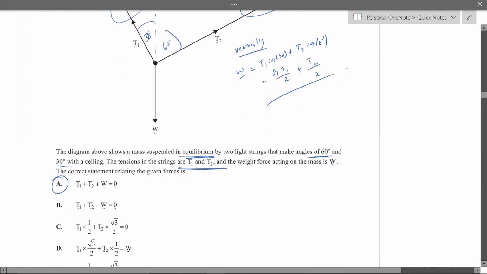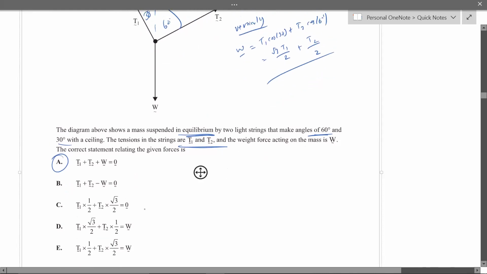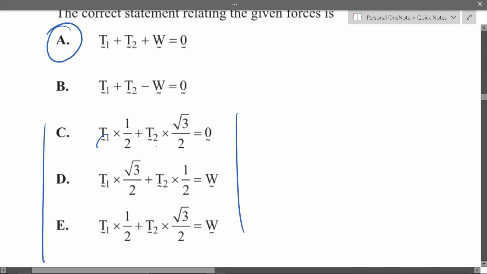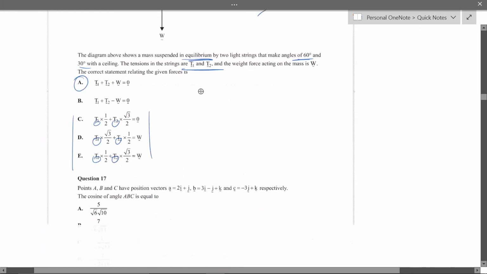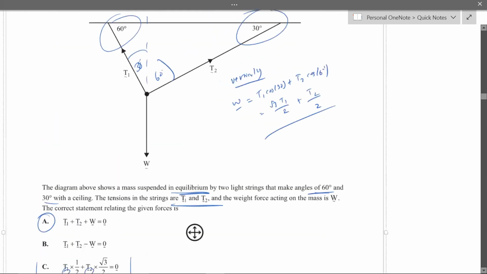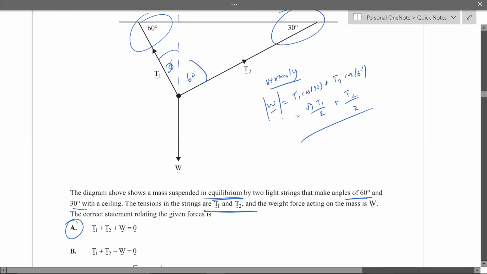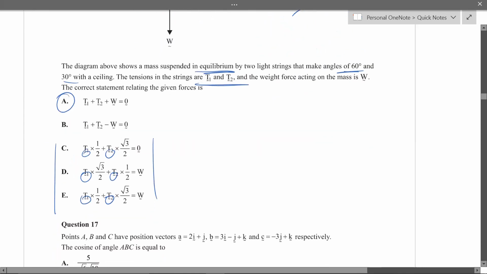But if you get something that looks like this, and check your answers, you might think one of these is right, but it's not, because each of these has a tilde underneath it, which means you're adding not just the magnitude of the tension force, you're actually adding the direction as well, which is wrong, because when we use vector resolution for components, we only consider the magnitude. So that's why that's wrong.